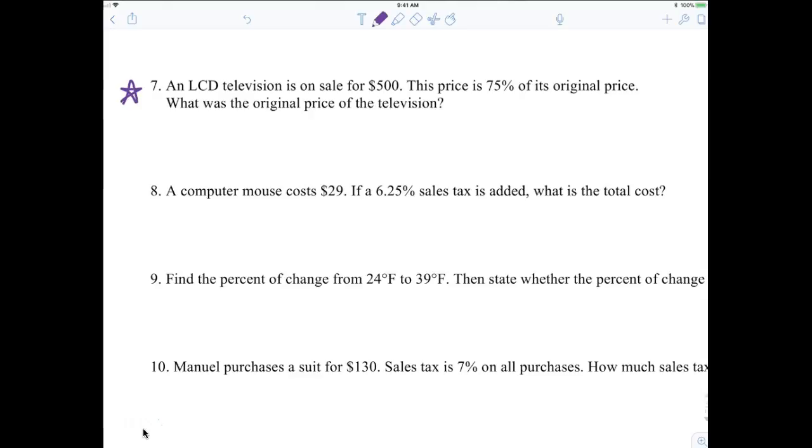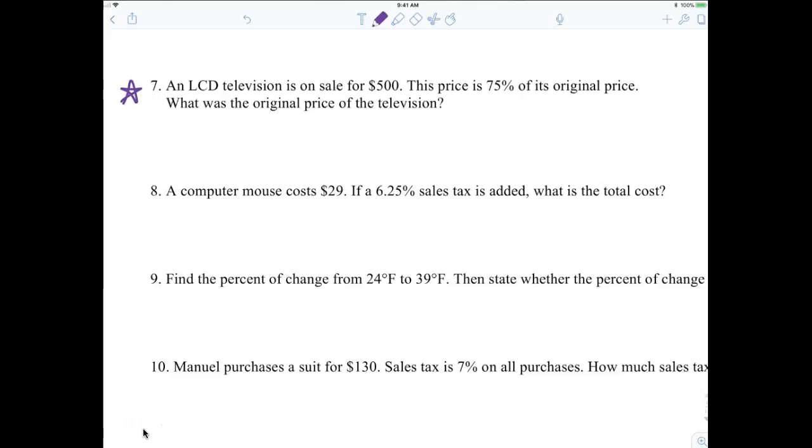So you see it advertised for $500. I want to know what the original price was. Now, it says here that it was 75% of the original price. So tell me what you're thinking.